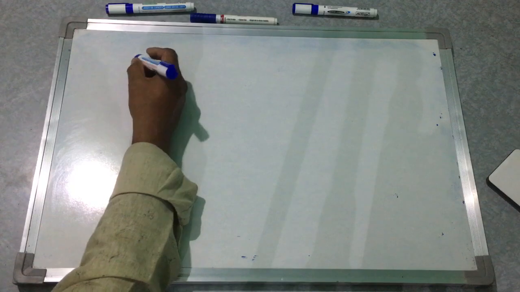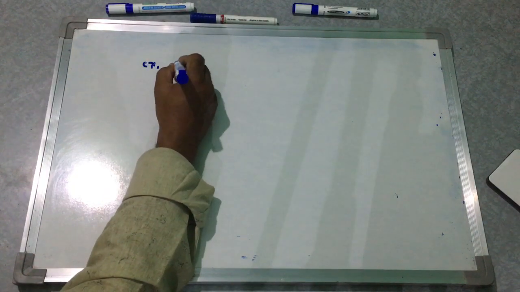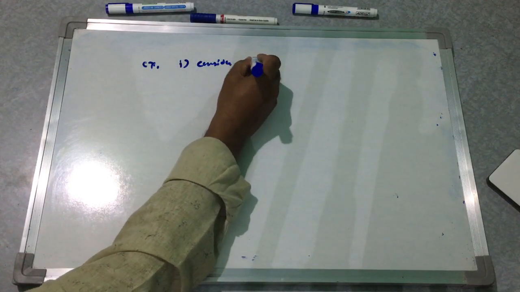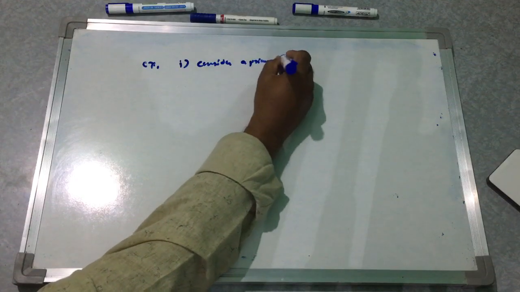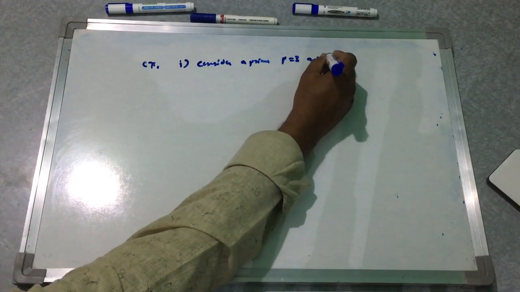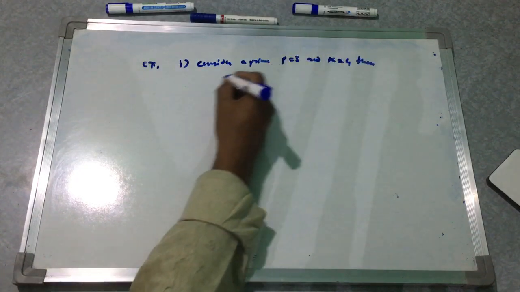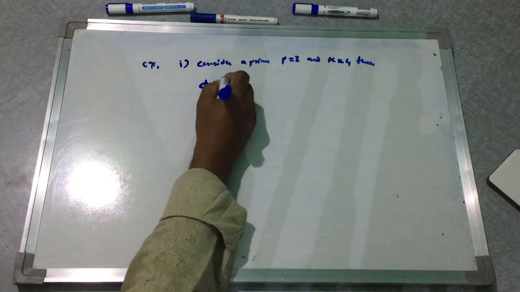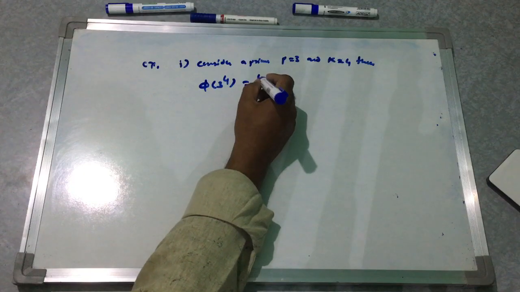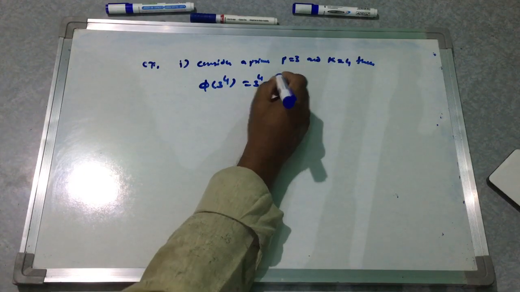So, an example for this: consider a prime p equal to 3 and k equal to 4. Then phi of 3 to the power 4 equals 3 to the power 4 minus 3 to the power 3.